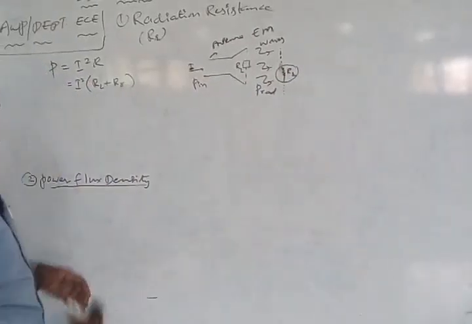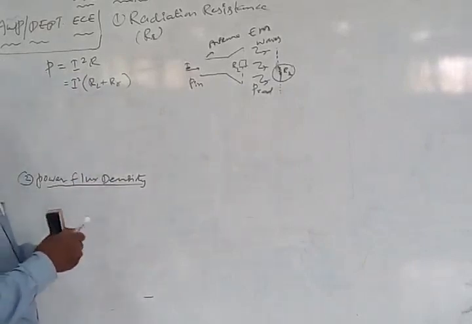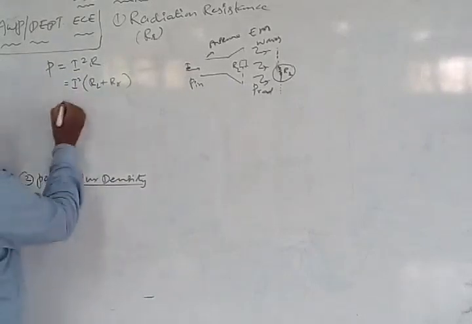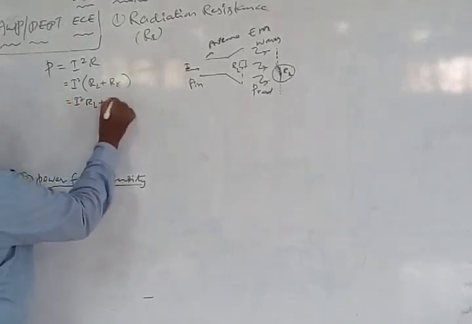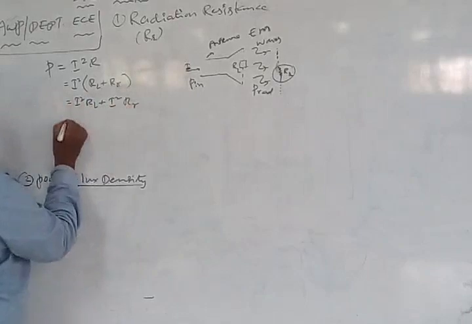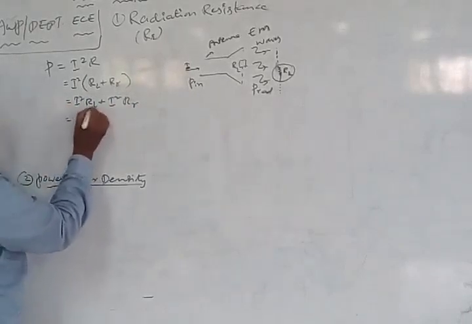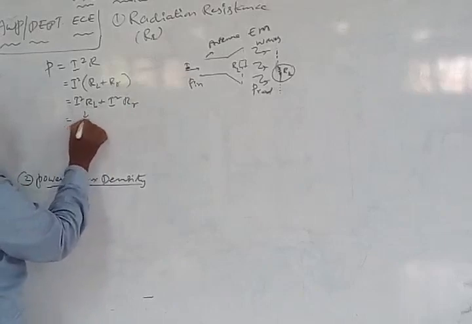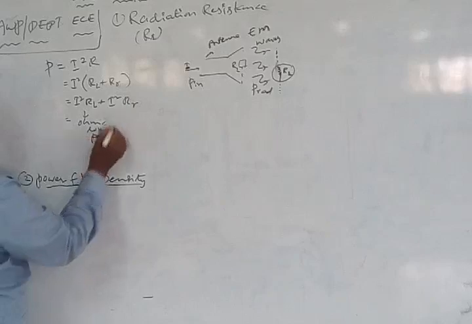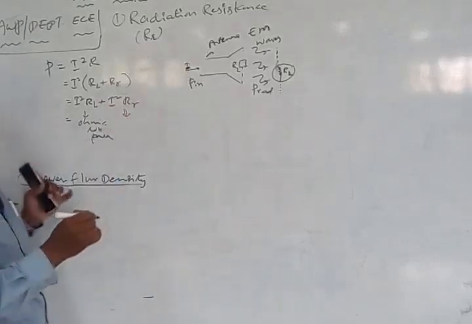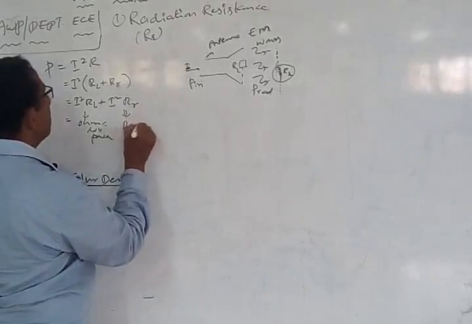Now this power radiated is equal to I square RL plus I square RR. The I square RL power is known as the ohmic loss power. Because of the radiation resistance, the I square RR power is called the radiated power.